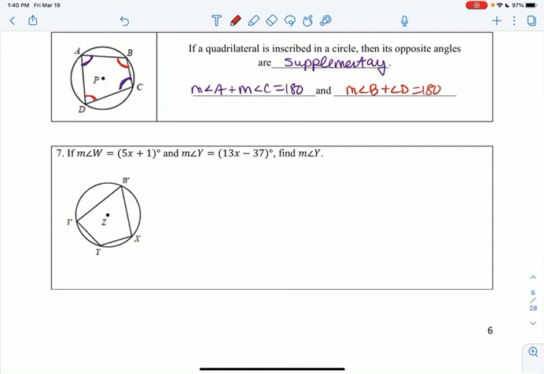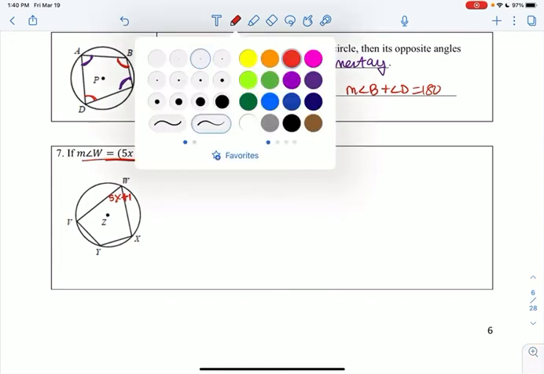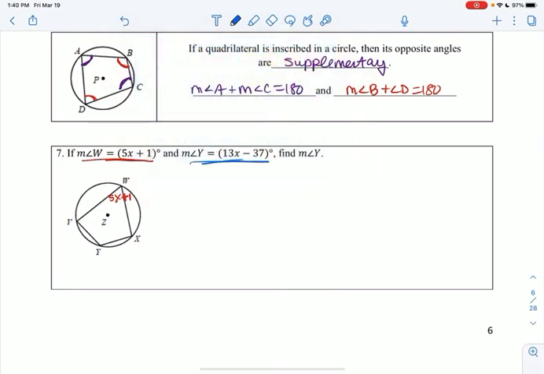So let's look at this. Angle W is 5x plus 1. And angle Y, which I have right here, is 13x minus 37. See how those are opposite angles that are part of a quadrilateral that's inscribed in a circle, so they have to be equal to 180.